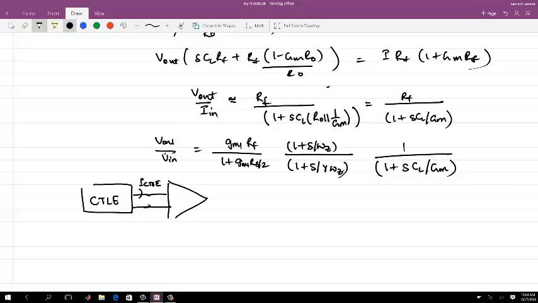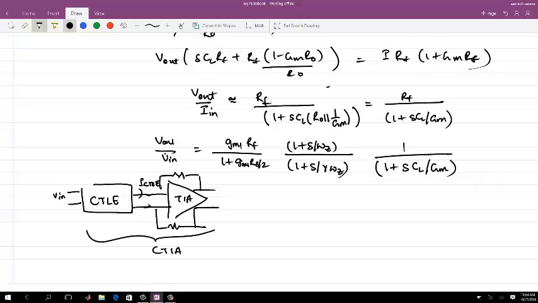And then I have this TIA, trans impedance amplifier, with RF. And you have Vinput here, and this whole thing is called CTIA. Just a convention, like what people use.